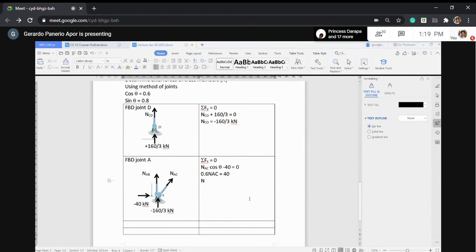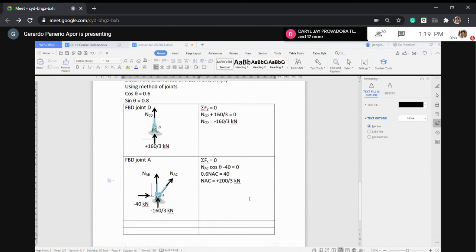So N_AC is equal to 40 divided by 0.6. That is 40 times 5 divided by 3, which equals positive 200 divided by 3 kilonewton.